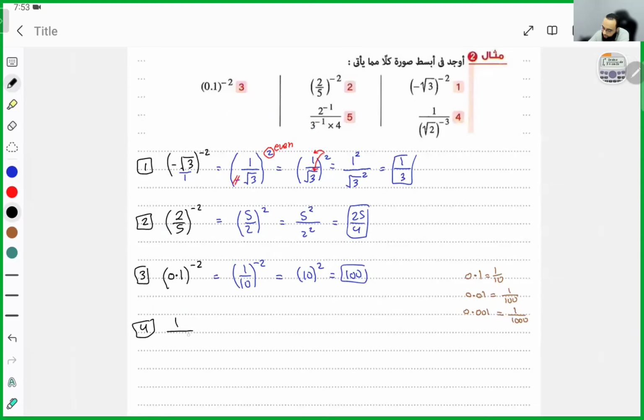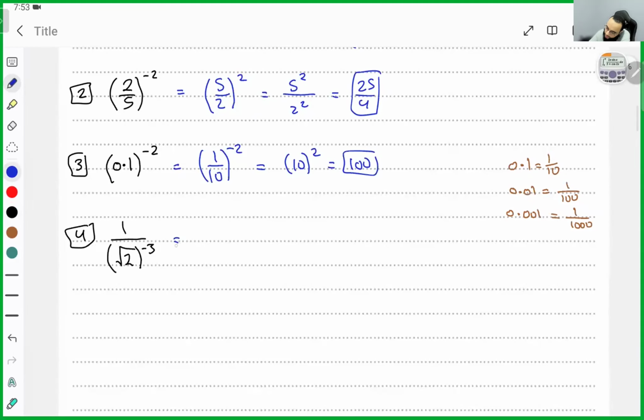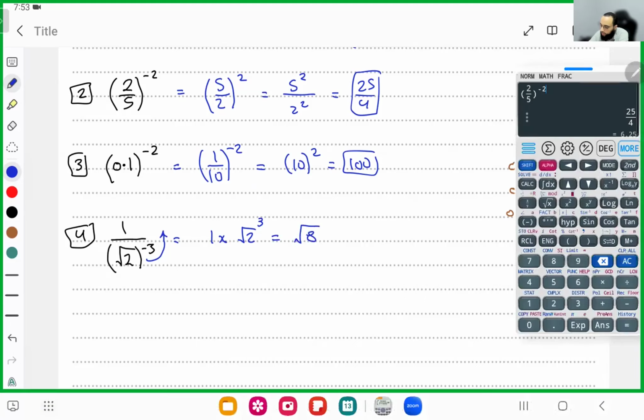1 over root 2 to the power of negative 3. You can go by the top without the negative. So it's 1 times root 2 to the power of what? Power of 3. Then it's root 2 to the power of 3, which is root 8. You can do it with the calculator.